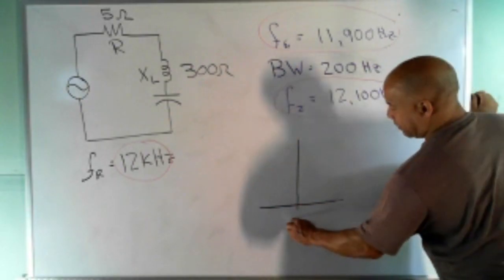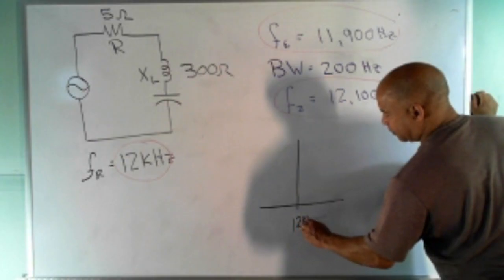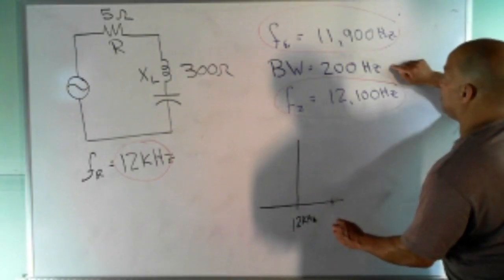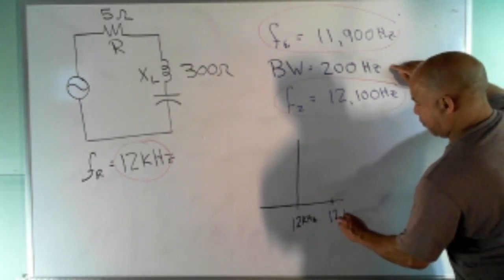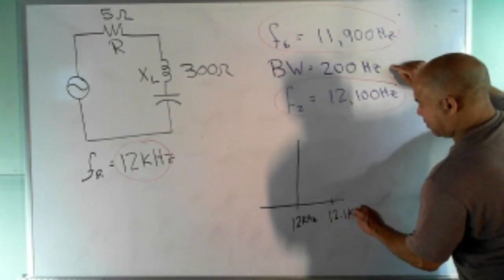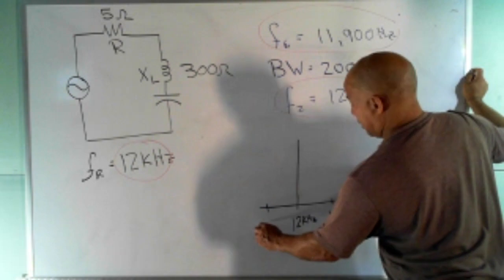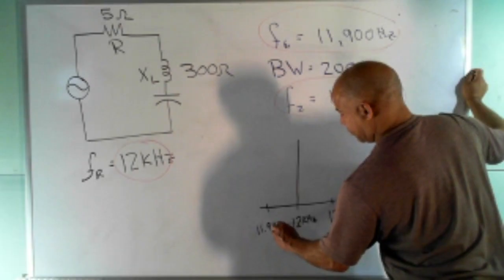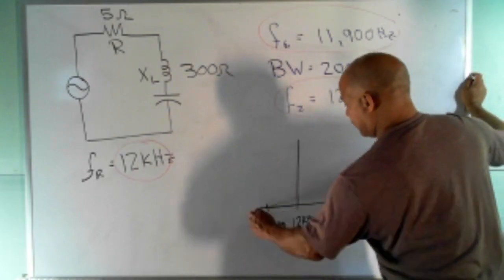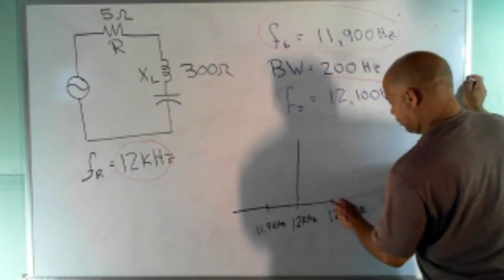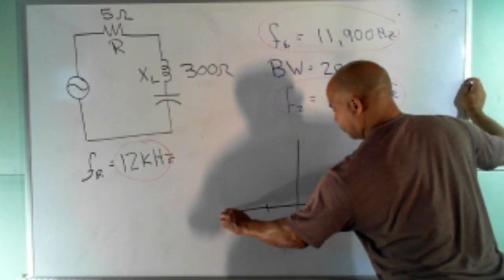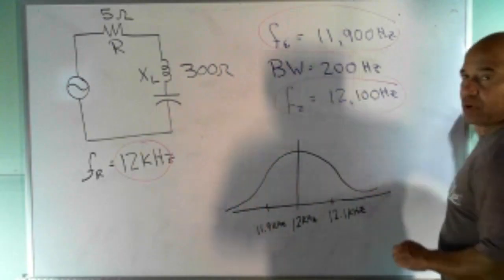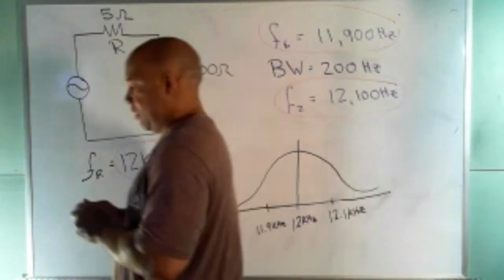So right here we've got 12 kilohertz. And right here we've got 12.1 kilohertz. And over here we've got 11.9 kilohertz. Then our graph's going to go like this. Probably not as symmetrical as I like it to be, but you get the point.